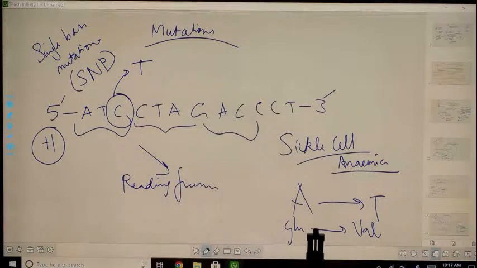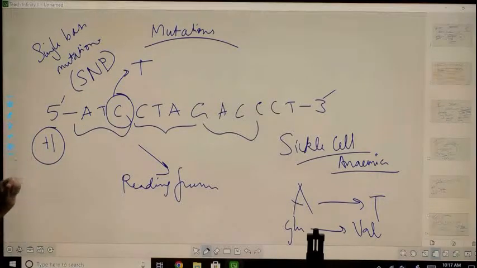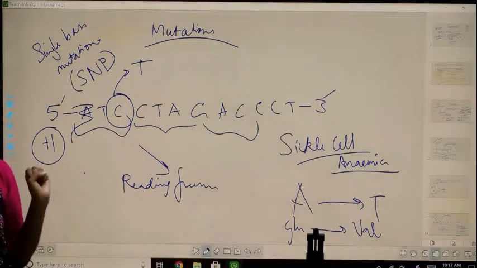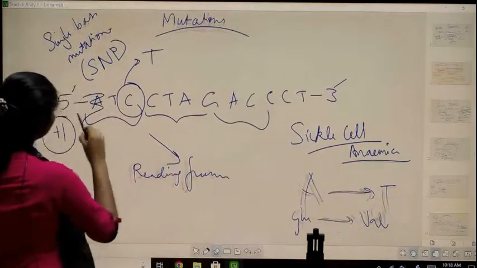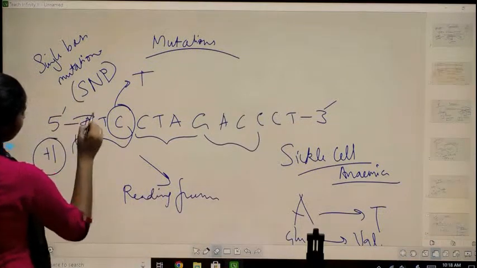Okay. Now, what if instead of one base being substituted, one base is deleted? Then the reading frame gets altered. If one base is deleted, what would happen? The reading frame would change, right?